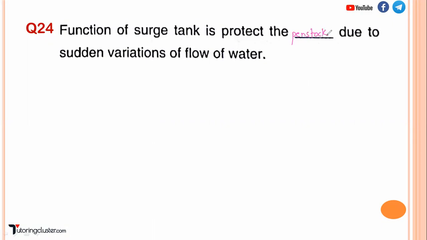In the previous video, I gave you the overall parts of the hydroelectric power plant. In that schematic, the surge tank is also shown, so you can go and watch. What is the function of the surge tank? The function of the surge tank is to protect the penstock due to sudden variation of flow or velocity of water.